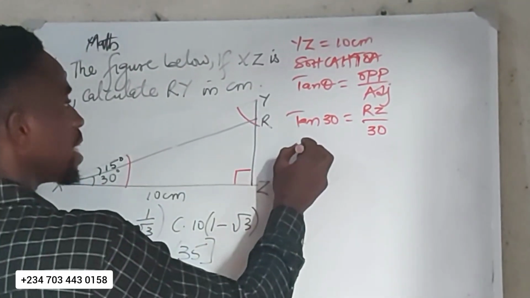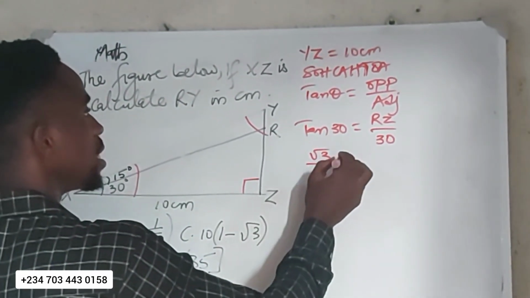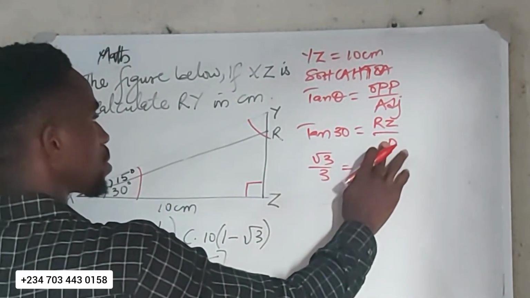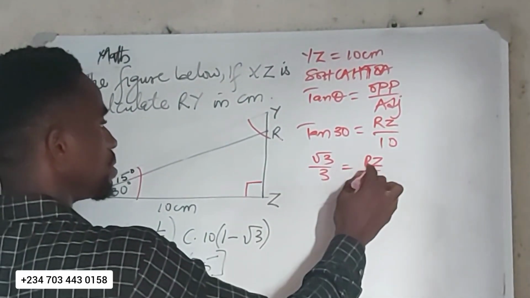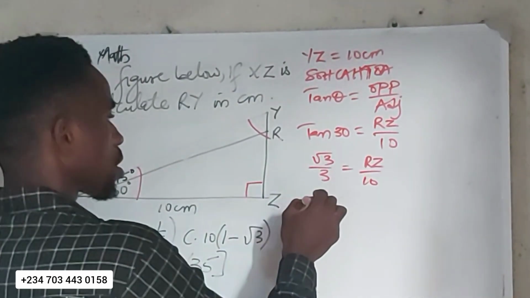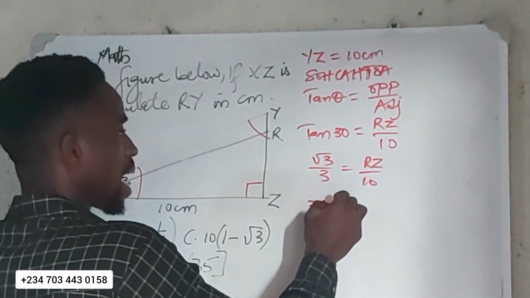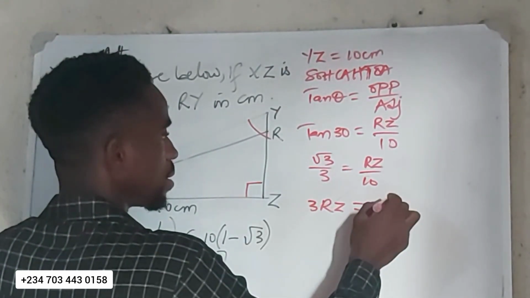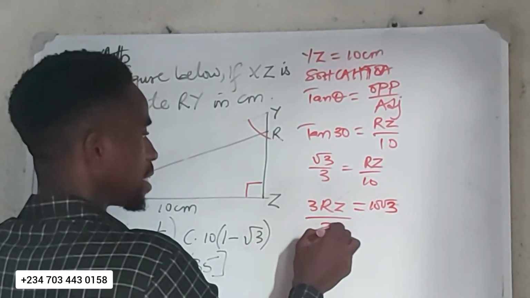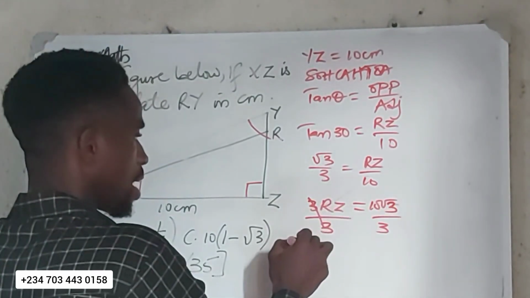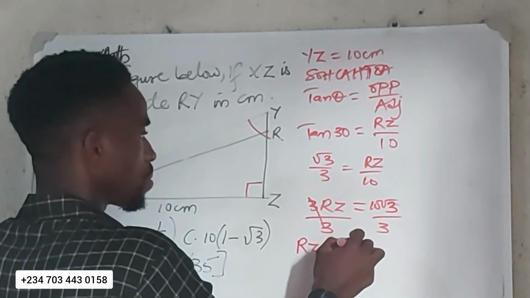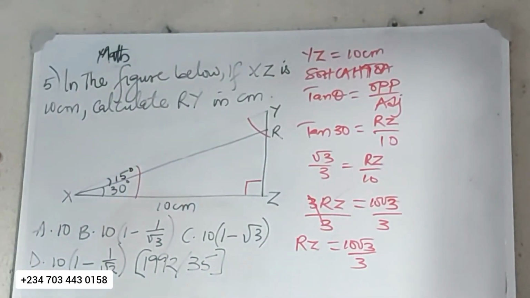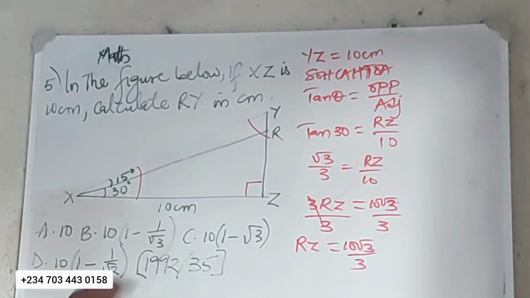So tan 30 is root 3 upon 3 is RZ upon 10. When you cross multiply, we have that 3 RZ is equal to 10 root 3. Divide both sides by 3. You now have that RZ is equal to 10 root 3 upon 3. That's the length of RZ.